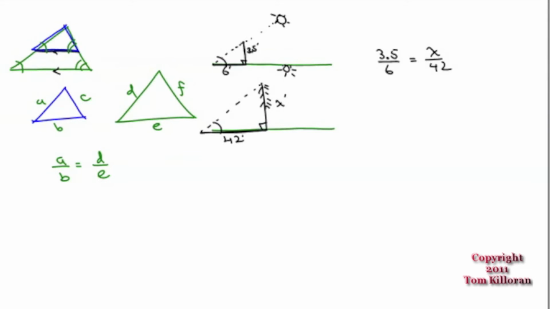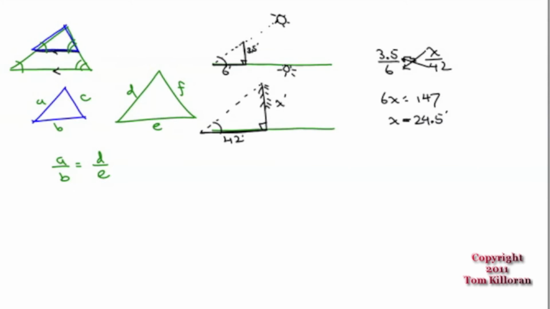Cross multiply and solve. So 6x is equal to 147. If you divide both sides by 6, it does not come out nice and even. Sadly. Not horribly though. X equals what? 24.5. Short tree.